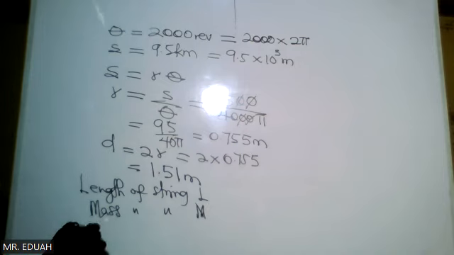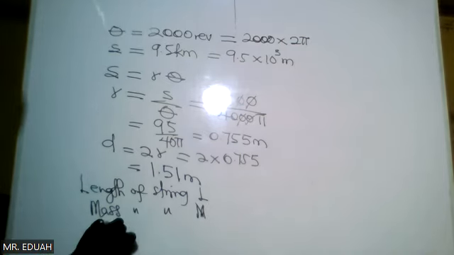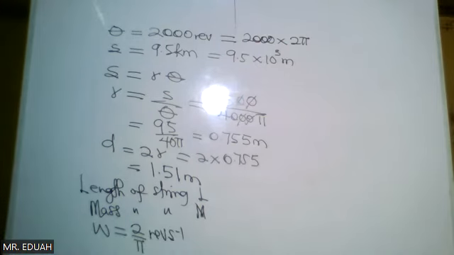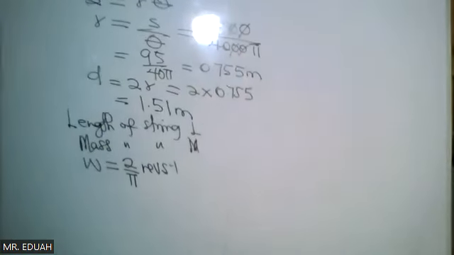So the angular velocity omega is equal to 2 over pi revolutions per second, RPS. I imagine this angular velocity around the vertical axis through the fixed end as shown.